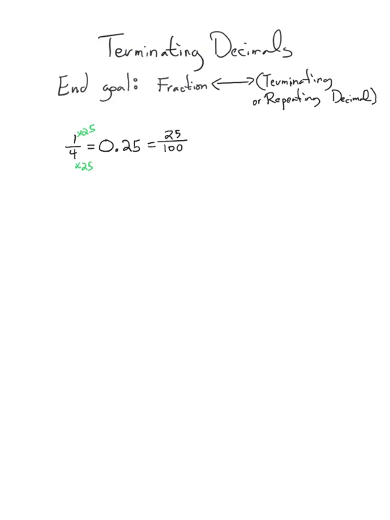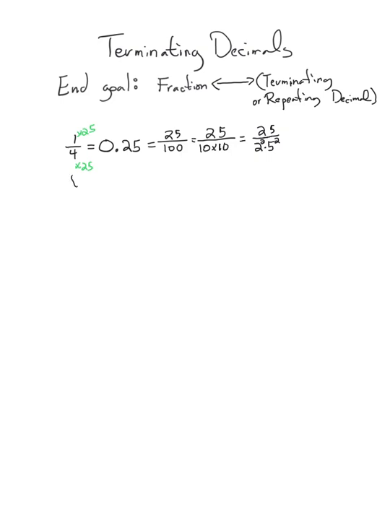And the other thing I wanted to show you guys, well, let me write it like this. We'll see why this is important later. But I can write this, if you like, as, well, 100 is 10 squared, or 10 times 10, which I'm going to write in its prime factorization. So this is 25 over 2 times 5 times 2 times 5. So I have two 2's and two 5's multiplied together. Everybody happy with that?